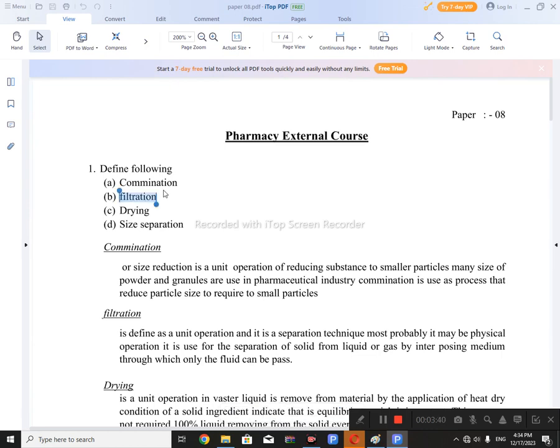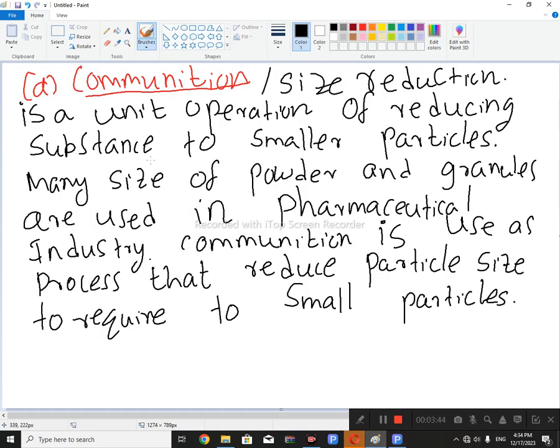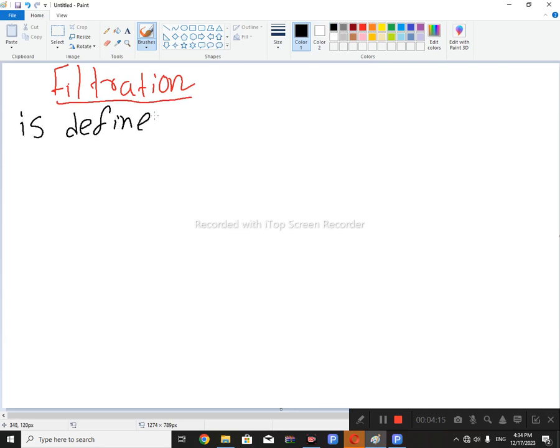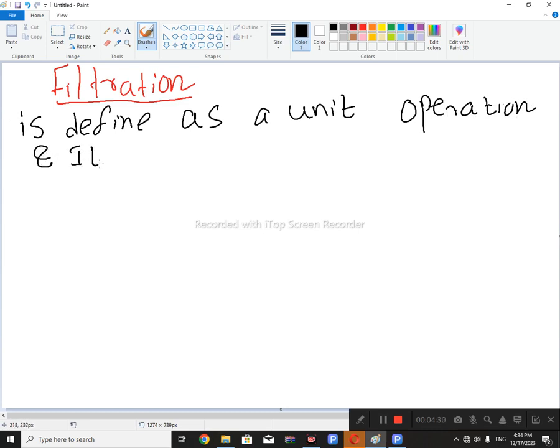Filtration. Filtration is defined as a unit operation, and it is a separation technique.